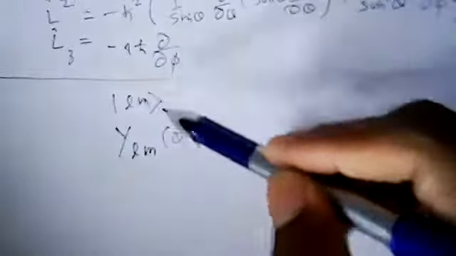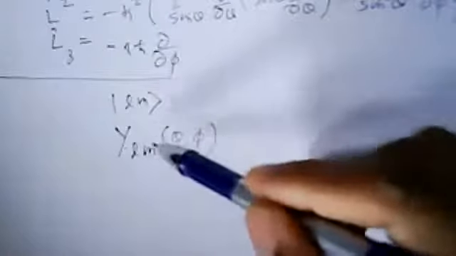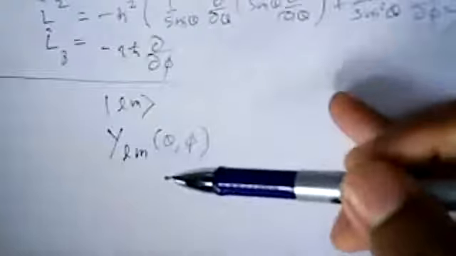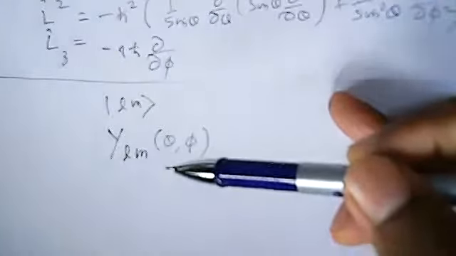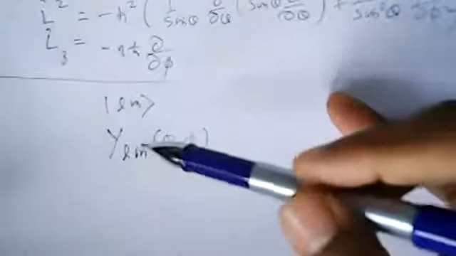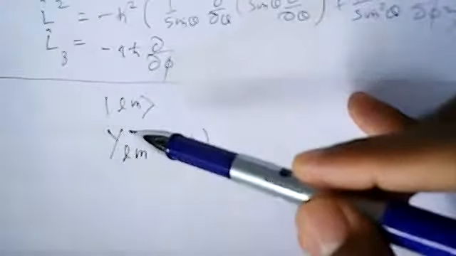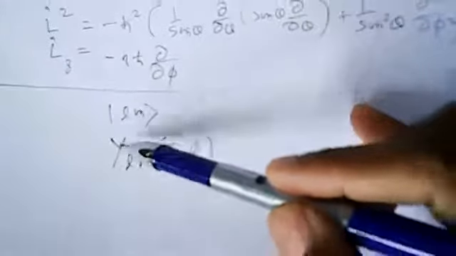So you can write Y_lm theta phi. Instead of ket LM, we use another representation. Capital Y is the common eigenfunction of L square and LZ.